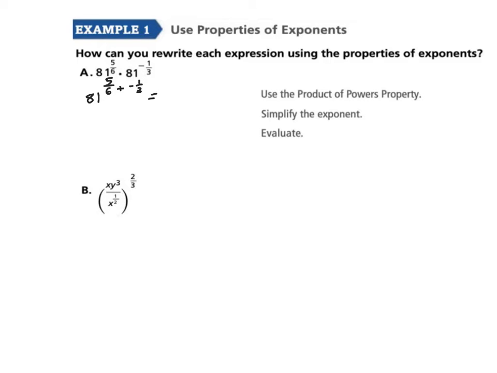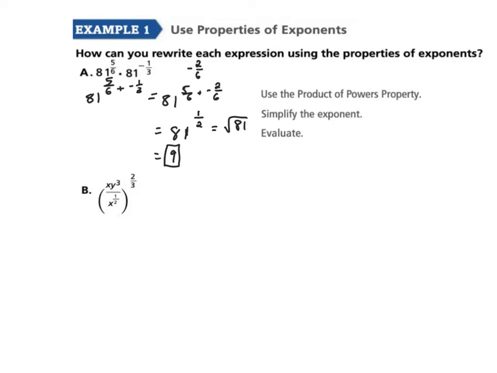If you need help, it's the same as negative 2/6, because we need common denominators to add them. So it becomes 81 to the 5/6 plus negative 2/6, which reduces to 81 to the 1/2, because it becomes 3/6, which is the same as 1/2. And if you want to fully reduce that, that's the square root. This is the same as saying the square root of 81, which is 9.